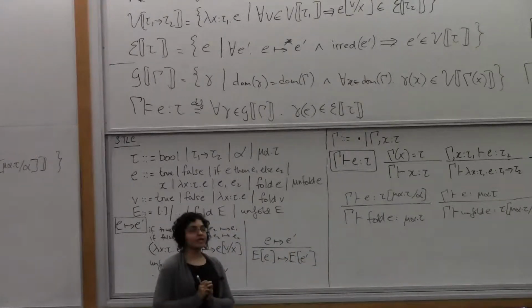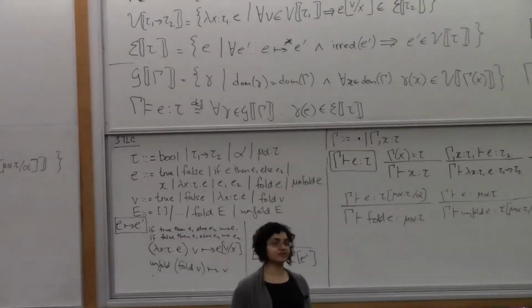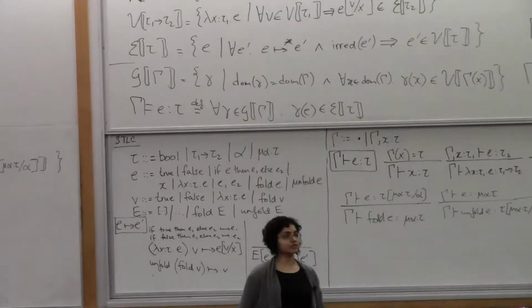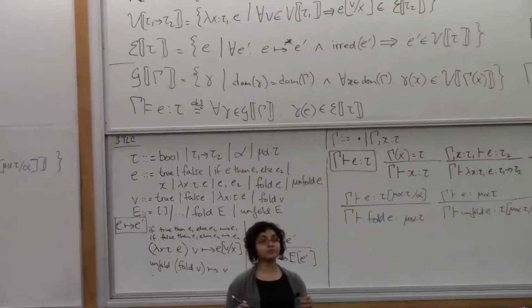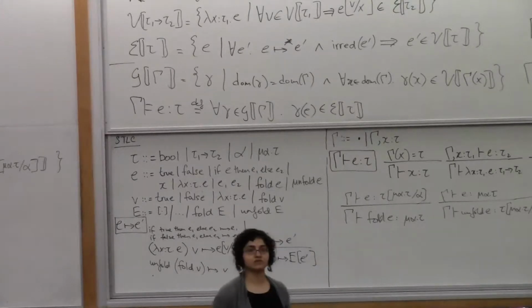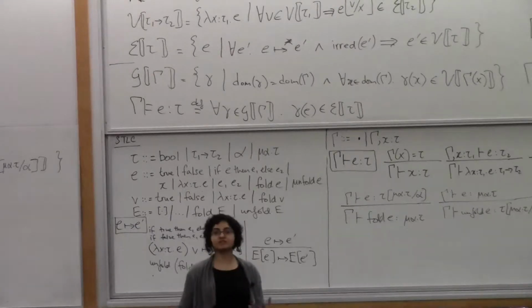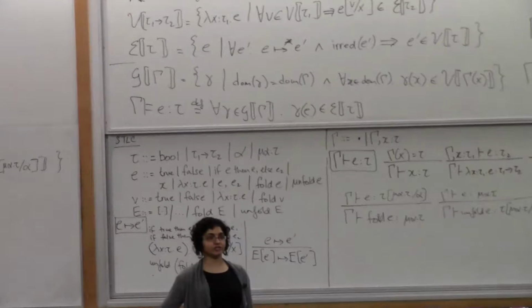Okay? Step index logical relations fall into this category of the operational kind of logical relations. I just mentioned denotational logical relations, where you essentially interpret types using some sort of mathematical objects. You say V of tau is inhabited by some sort of mathematical functions, etc. We're not doing denotational semantics.